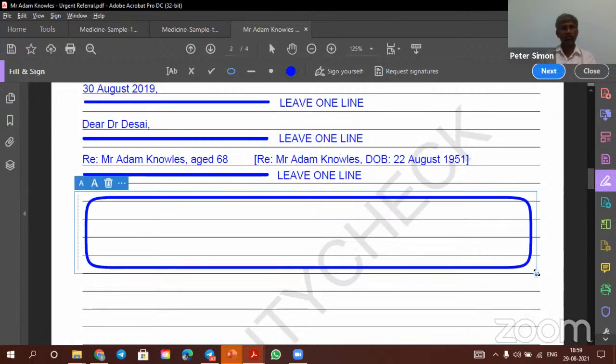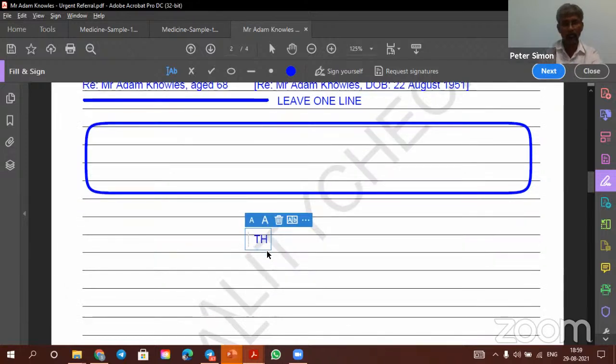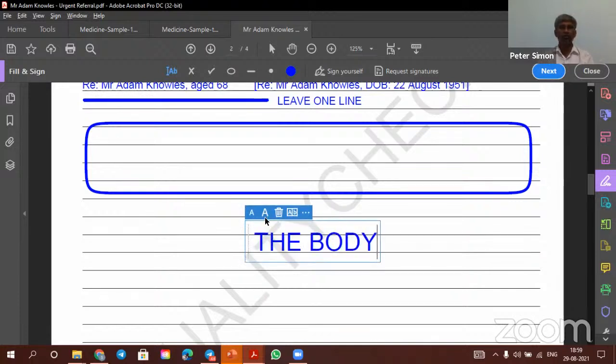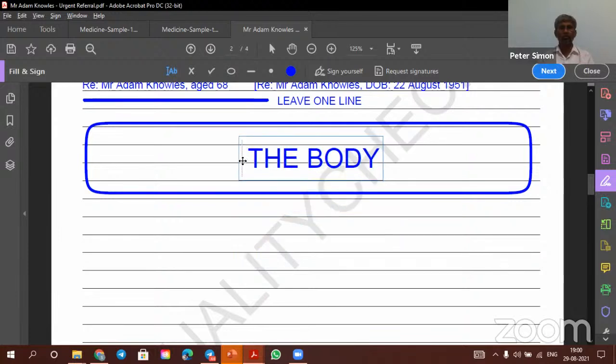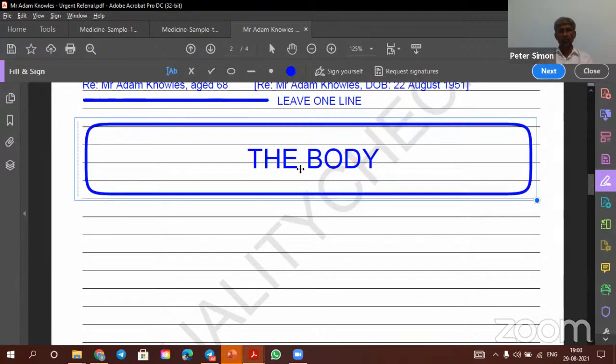Forget the body now. We are not bothered about the body of the letter now. We'll see that later. Okay, fine.